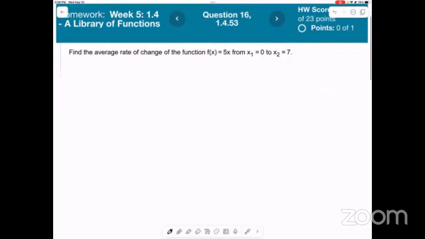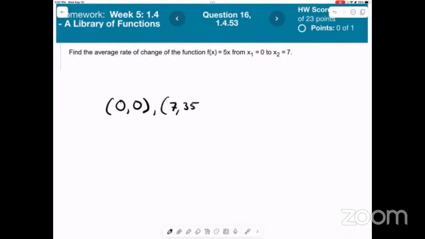We were given, when x is 0, what's the corresponding y? It looks like the corresponding y is also 0. And when x is 7, the corresponding y is 35. So we're trying to find the slope between these 2 points.